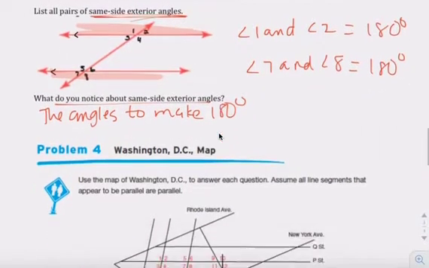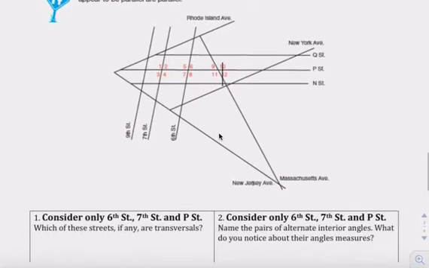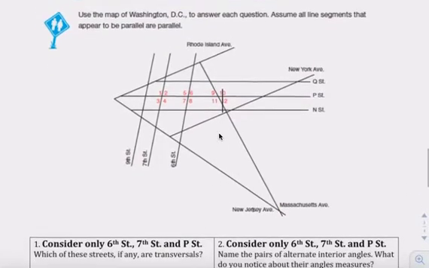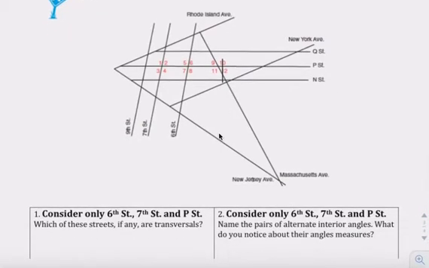Alrighty. These words are important for this map. Consider 6th Street, 7th Street, and P Street. 6th Street, I'll highlight it. 7th Street and P Street.